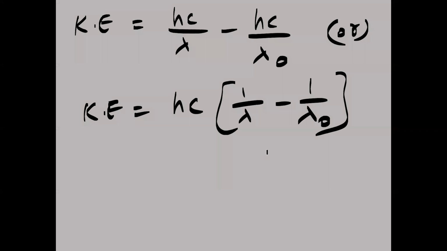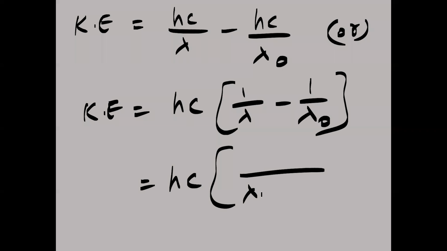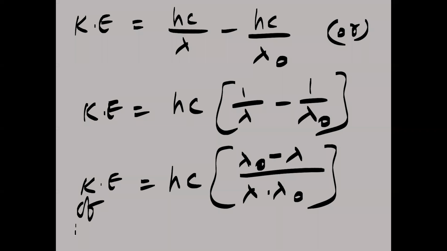The same thing we can write as hc of lambda naught minus lambda, in terms of the values of lambda naught and lambda. Is that clear? So this is the calculation of kinetic energy of photoelectrons. These formulas are very important here.